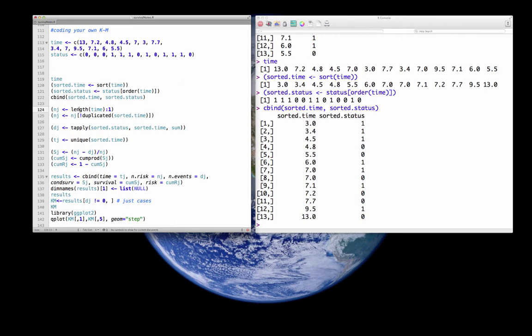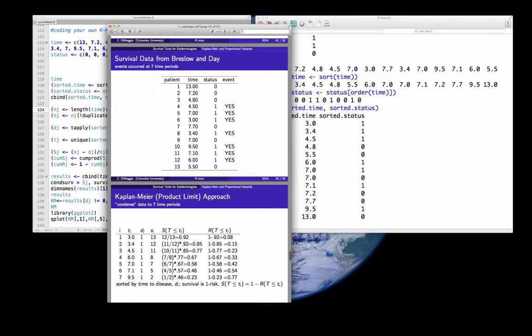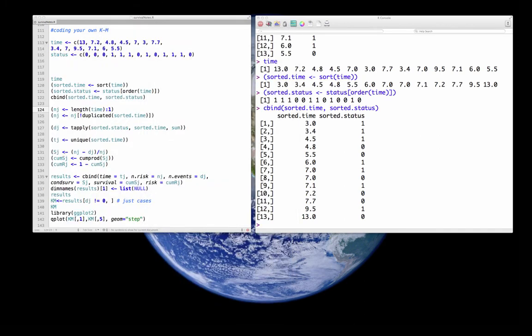Now, next thing we're going to do is create a couple of different variables that correspond to this table right here. What we want to do is go from this table right here to this table over here. And so here's the process we go through to do that.